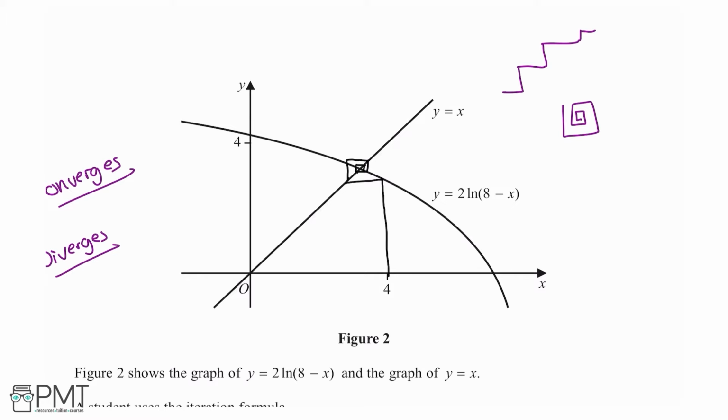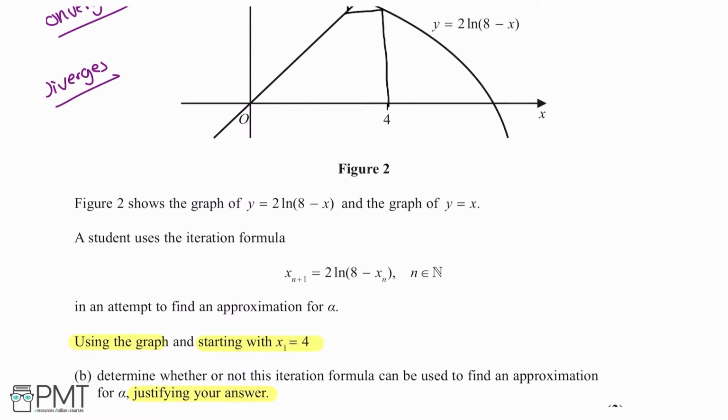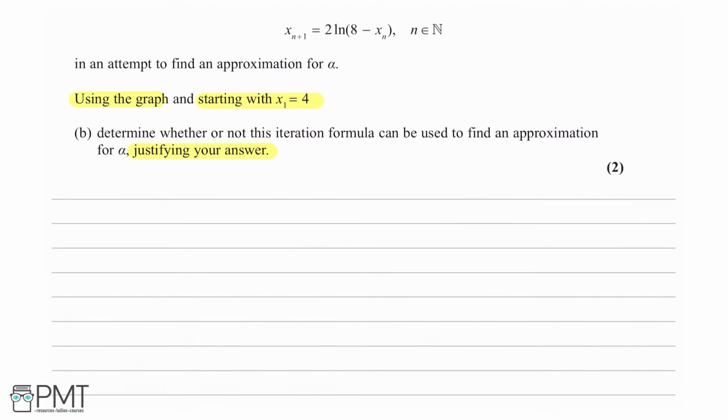So, as we can see from the diagram, it does get closer and closer and closer to a point. So we know that it converges. Now, that's only part of the argument, because remember, we have to justify it. So what we need to say to get our marks for this question is the iteration formula can be used to find an approximation for alpha.